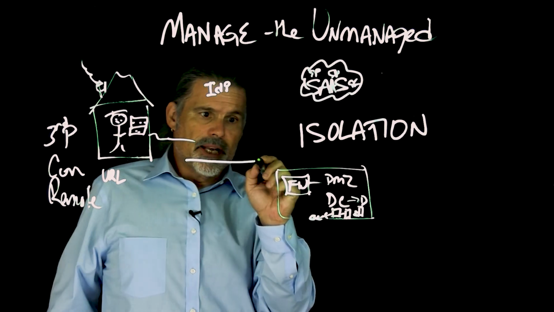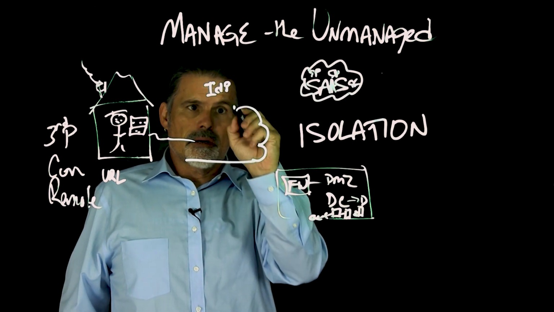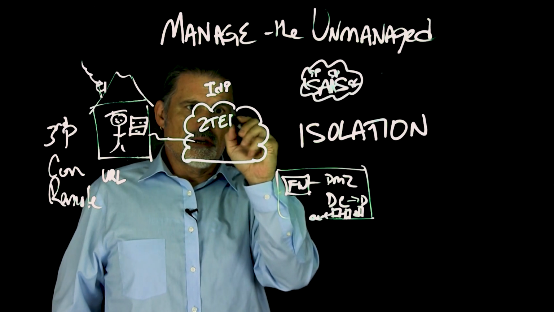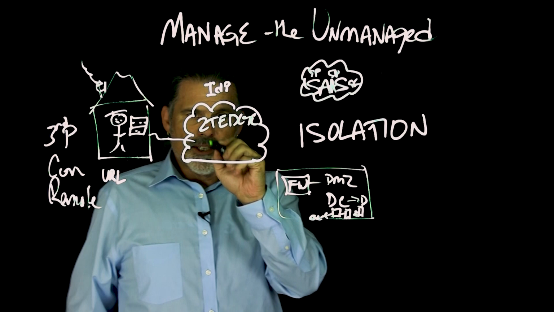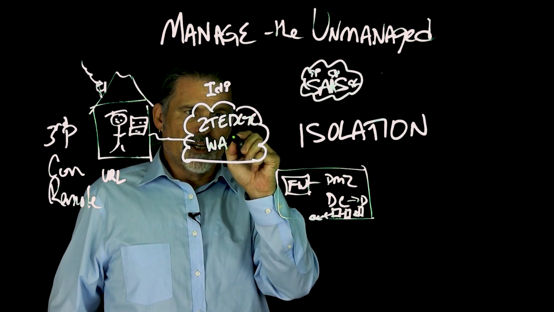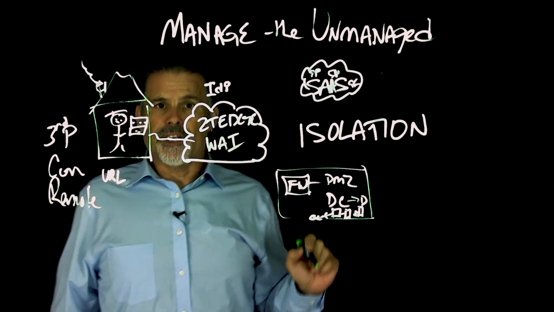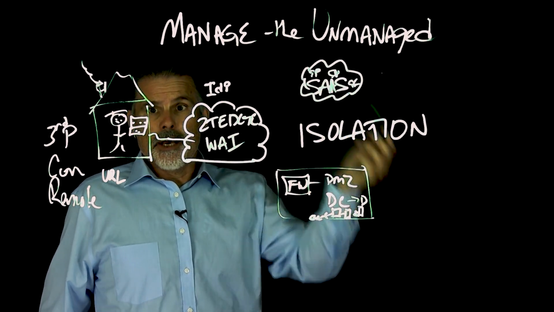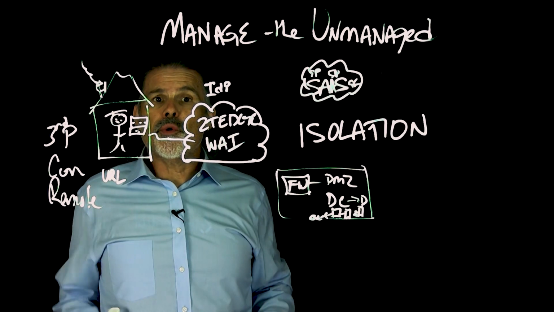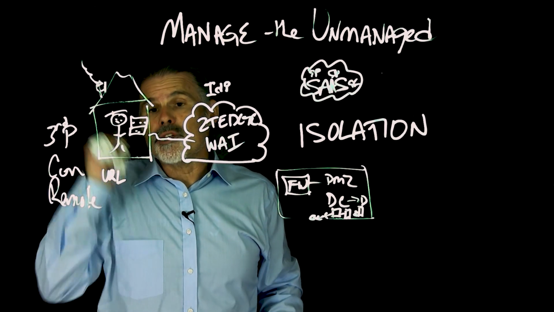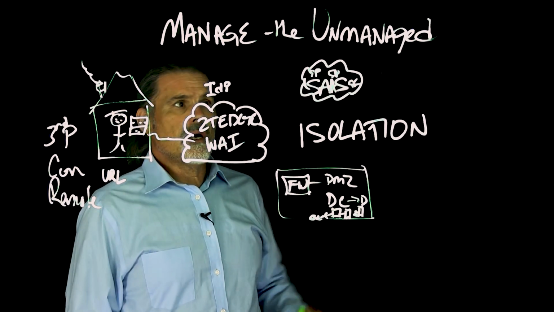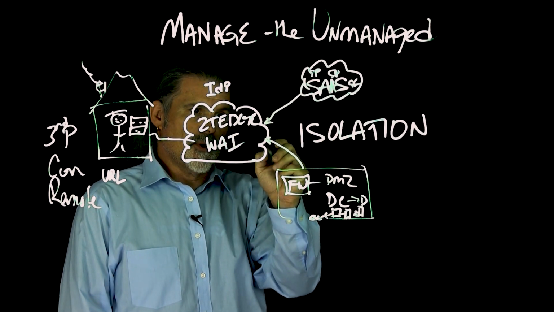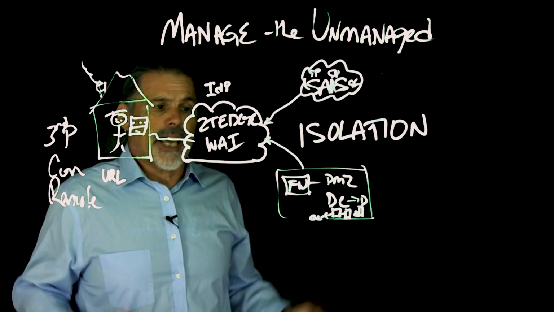And so let's build out our ZT Edge, and this is called Web Application Isolation. So instead of sending whatever resources back directly to the device, the user, the individual, what you want to do is you just send them through the ZT Edge Web Application Isolation.